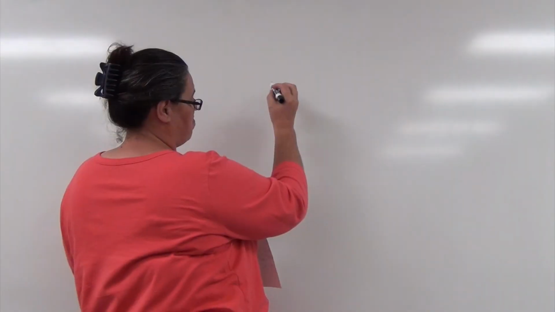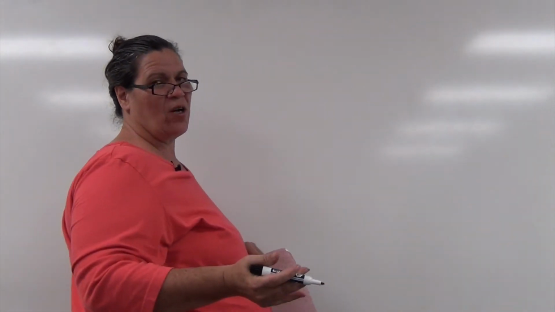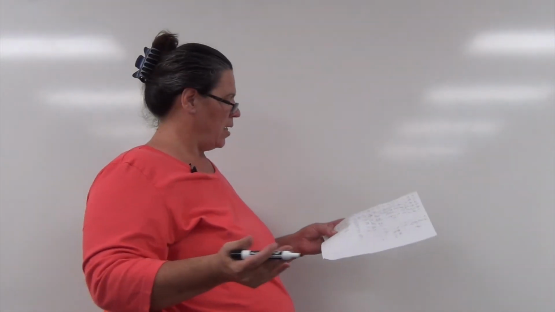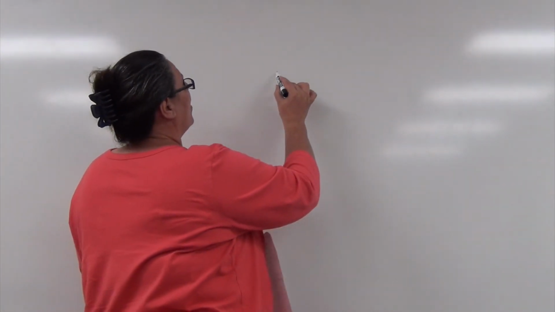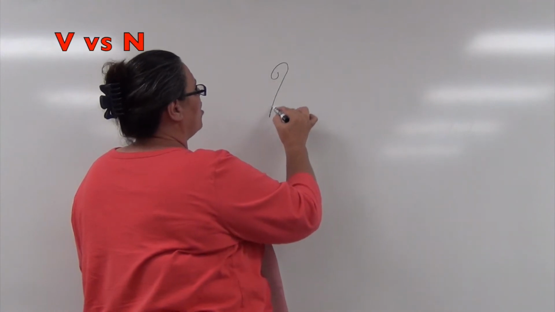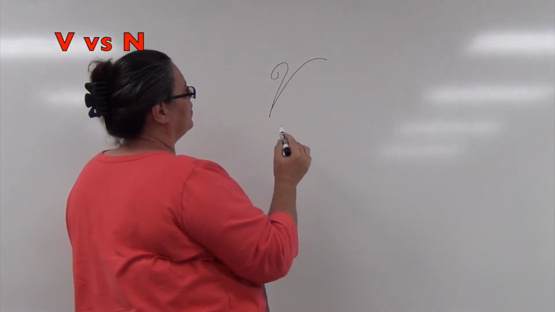We talked about the letter V earlier with the letter N. It's very similar to an N. You might get a flourish right here at the top, come down, back up.